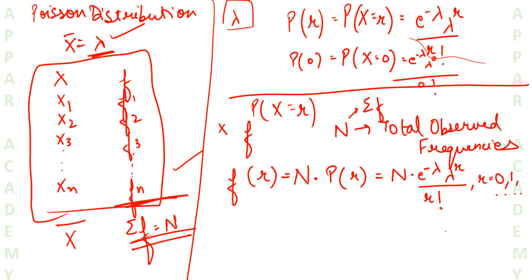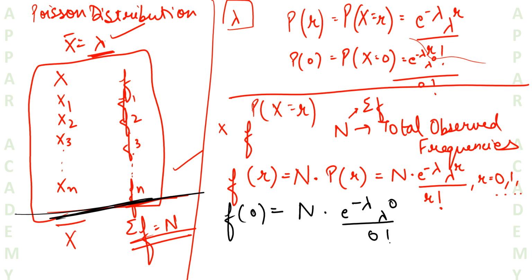Now, if we want to compute, let's suppose, f(0), this becomes n into e to the power minus lambda, lambda to the power 0 upon 0 factorial, which is simply n into e to the power minus lambda.